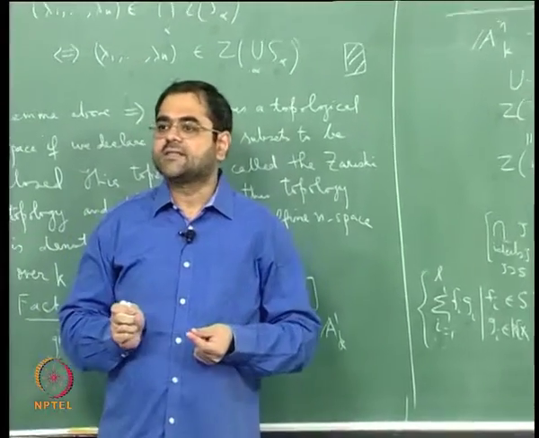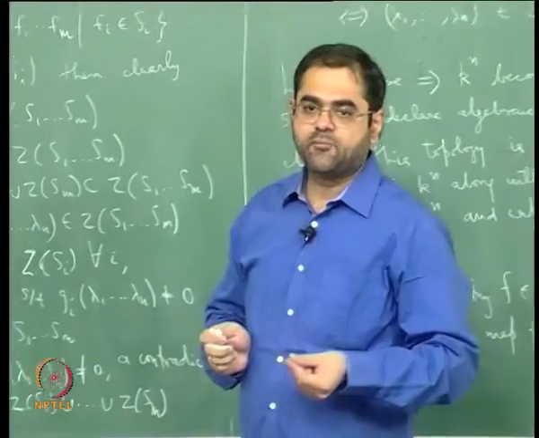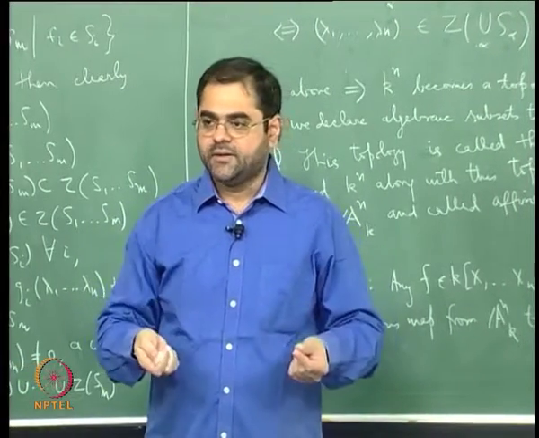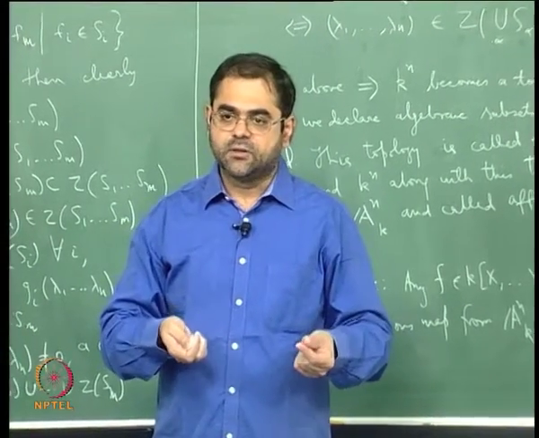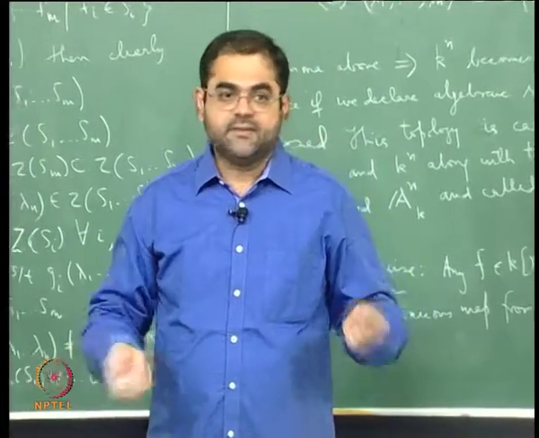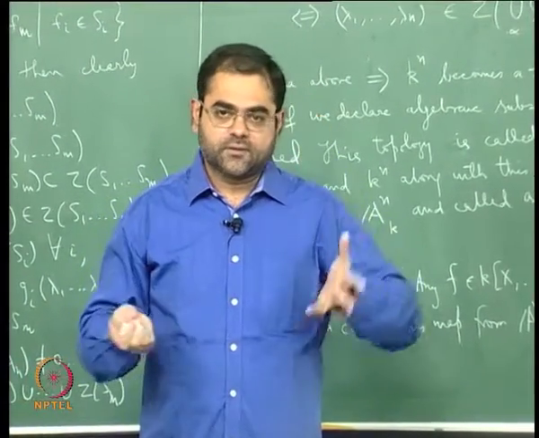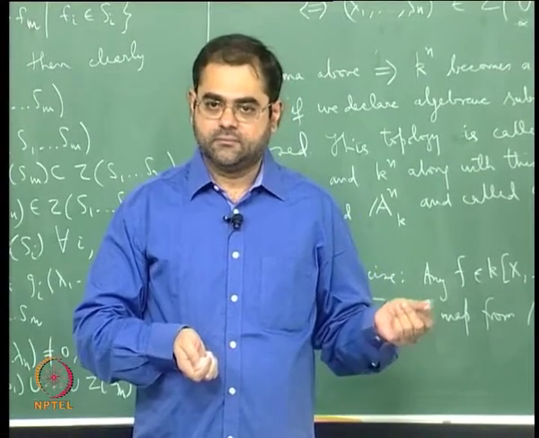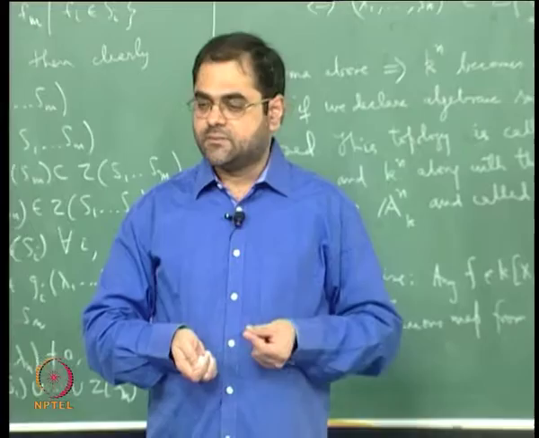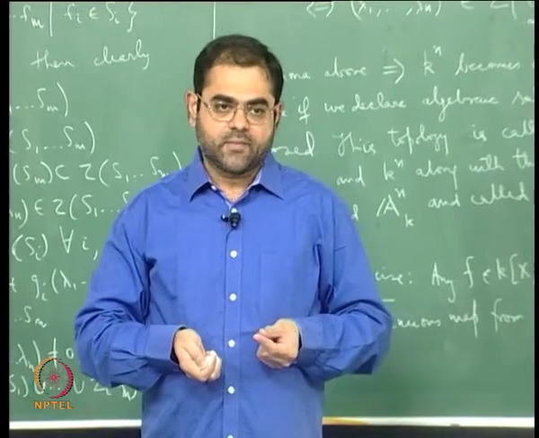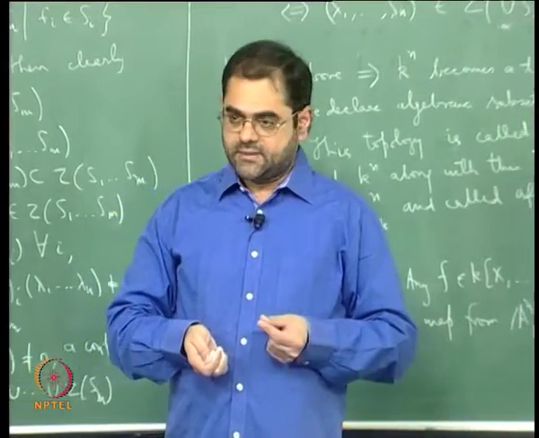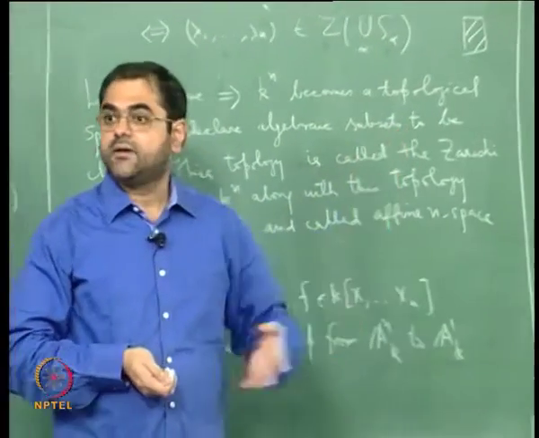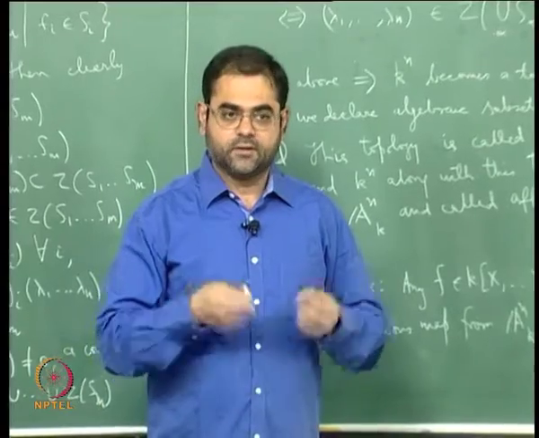Why it is heartening is because if there are finitely many polynomials, this is something that you can compute, and you can expect that this is not going to be a computation that will never end. This is one of the reasons that a lot of algebraic geometry is nowadays done on the computer. You have special software programs like Macaulay and CoCoA, which allow you to do ring theoretic computations on the computer.